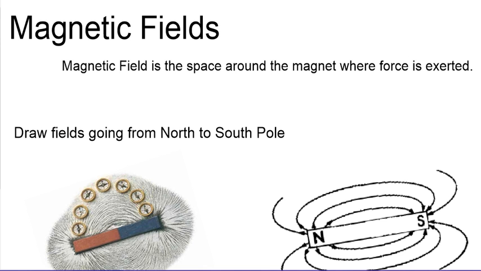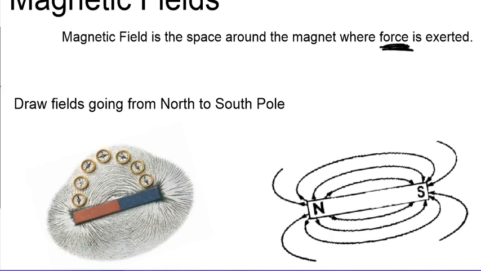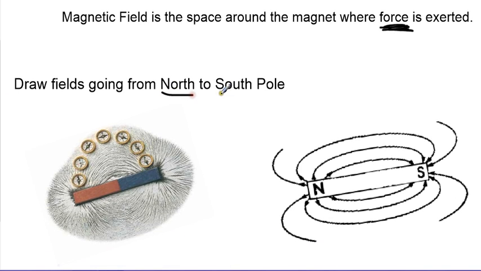All right. So magnetic fields. The magnetic field is the space around the magnet where the force is exerted. Okay, and so when we are drawing our magnetic fields, we always draw them going from the north to the south pole. An easy way to remember this is thinking of the way a compass works.